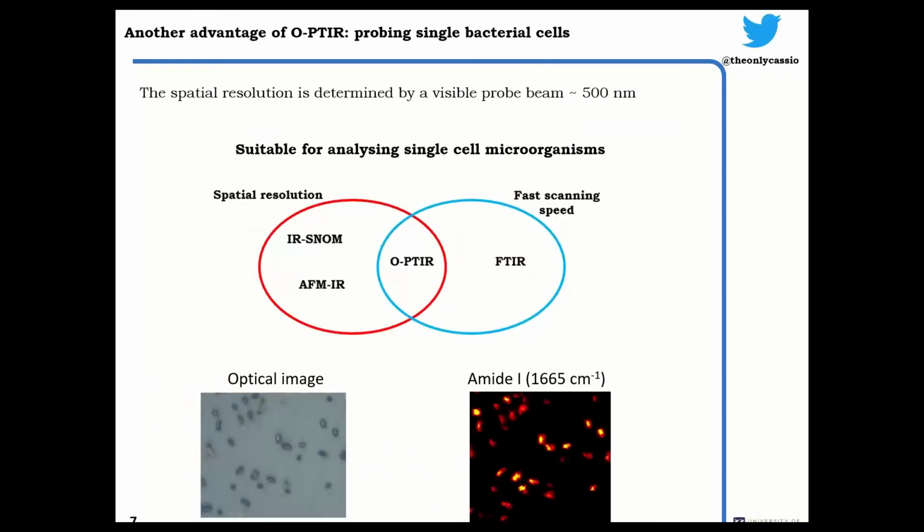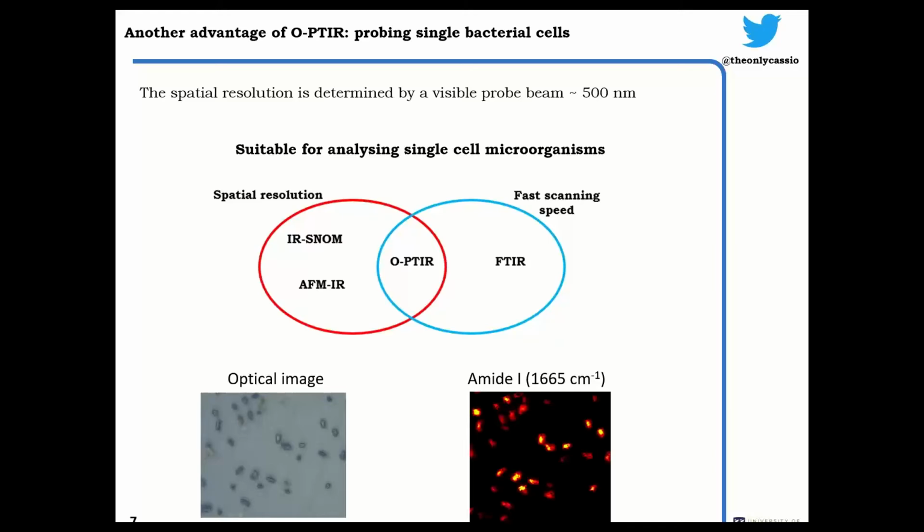Doing Raman and infrared simultaneously is not the only advantage of the OPTIR system. There is also the spatial resolution that Mustafa mentioned before, and Peter as well. So with the OPTIR system, we can reach 500 nanometers. Bacteria are tiny, usually between 500 nanometers and 1 micron. So if we use a standard FTIR spectrophotometer, we couldn't see single bacteria because they're too small.